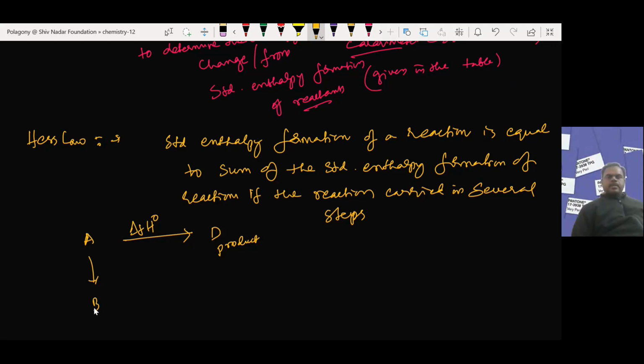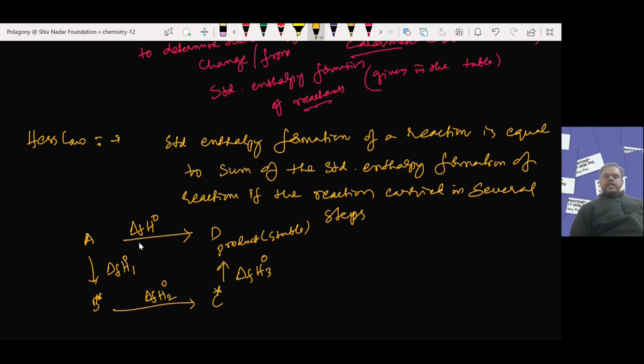A transforms into B, a reaction intermediate, with standard enthalpy change H1. B transforms into C, another intermediate, with standard enthalpy change H2. And C transforms into D, the final step, because the final product is the stable one, with standard enthalpy change H3.